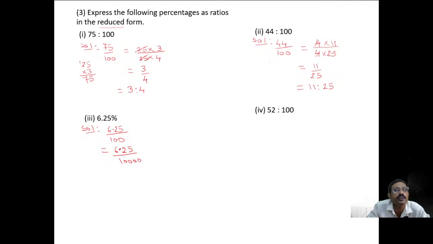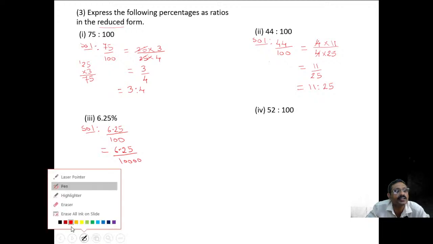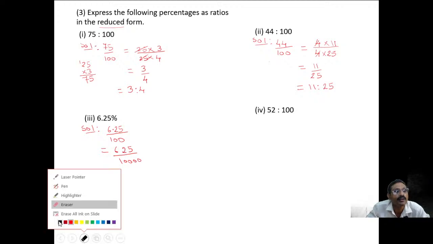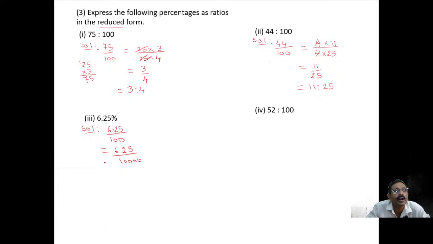So there is no need for me to write this point, because I have already shifted it. So 625 upon 10,000. Now this is equal to 625 upon 10,000.